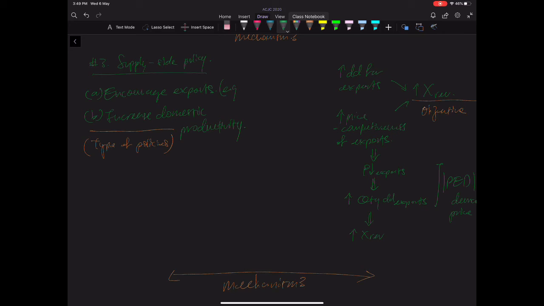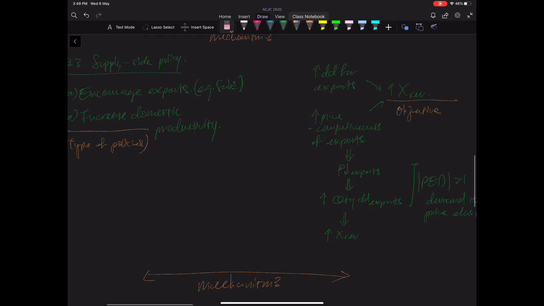For example, the government can provide subsidies to firms that are producing goods targeting the export market. And if that's the case, what will happen? Draw the link on your own and link it to how that might possibly give that firm an advantage in terms of price competitiveness.